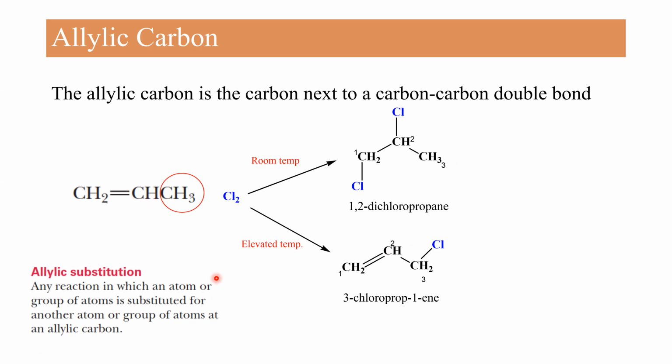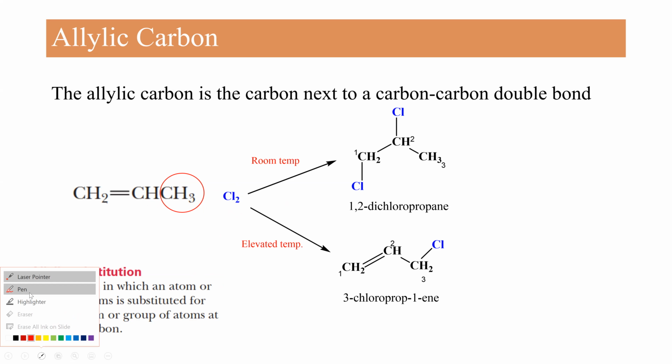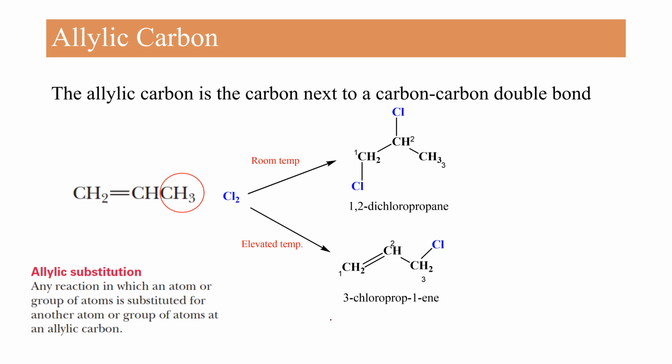So now, what was the substitution you have observed here? Basically, we have treated it with Cl2. What has happened is that one of the hydrogens of this CH3 has been substituted with one of the Cl from this one. So in the product we have achieved 3-chloroprop-1-ene, or 3-chloropropene, right?